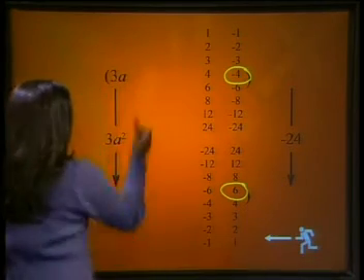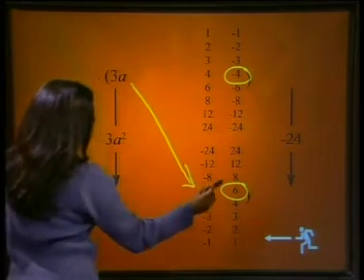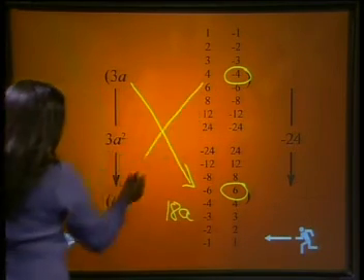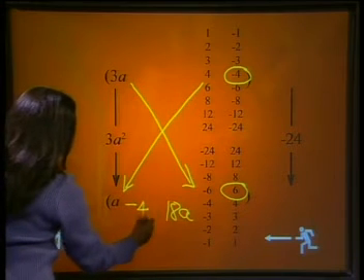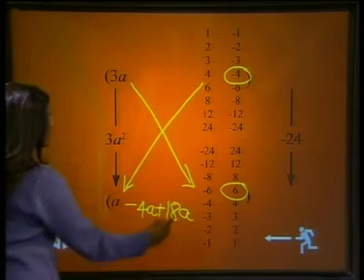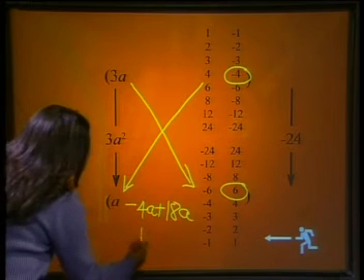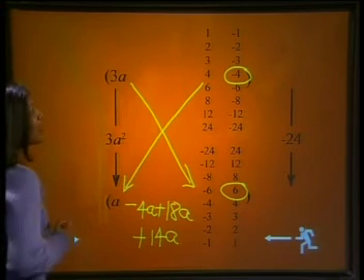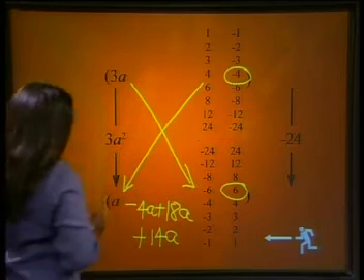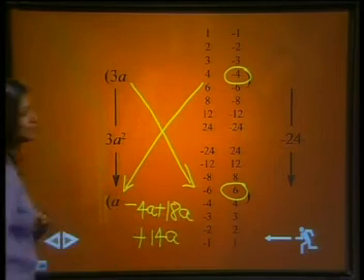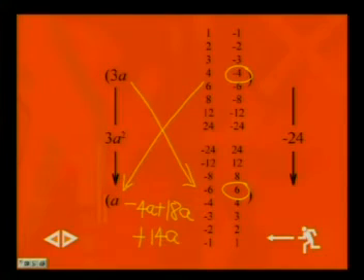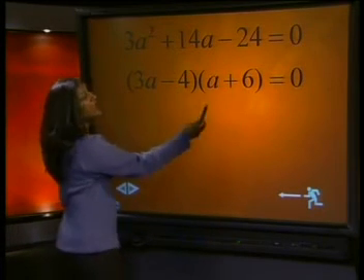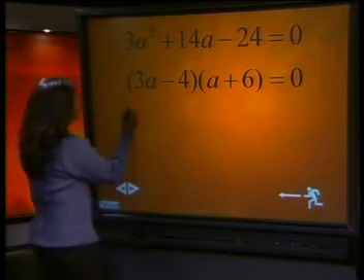Let's multiply out and check. 3a multiplied by 6 gives me 18a. Minus 4 times a gives me minus 4a. Minus 4a plus 18a gives me positive 14a, which is the middle term. So our correct factors are 3a minus 4 multiplied by a plus 6. And we can solve this.